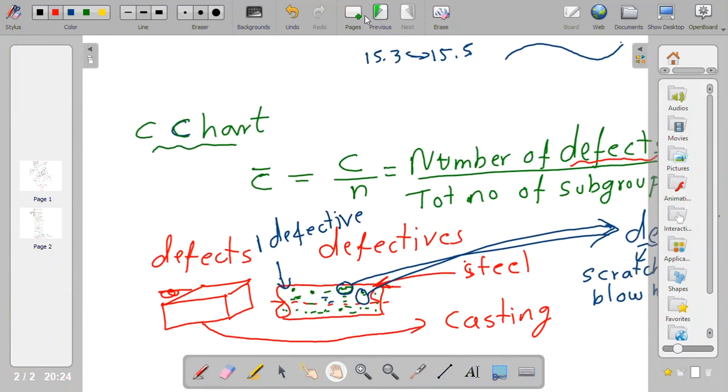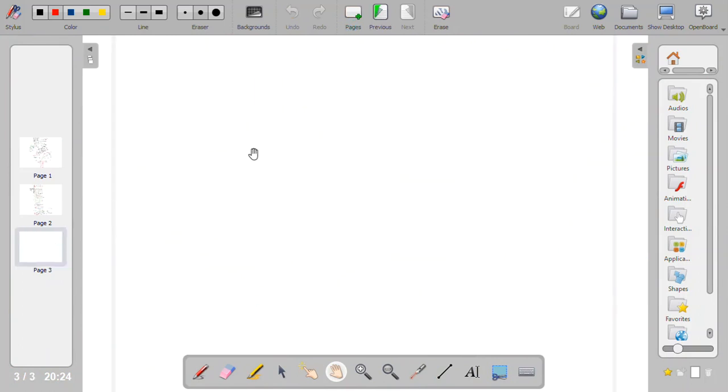Last remaining one is U chart. Okay, U chart. So what is U chart? I'll just write the definition first.